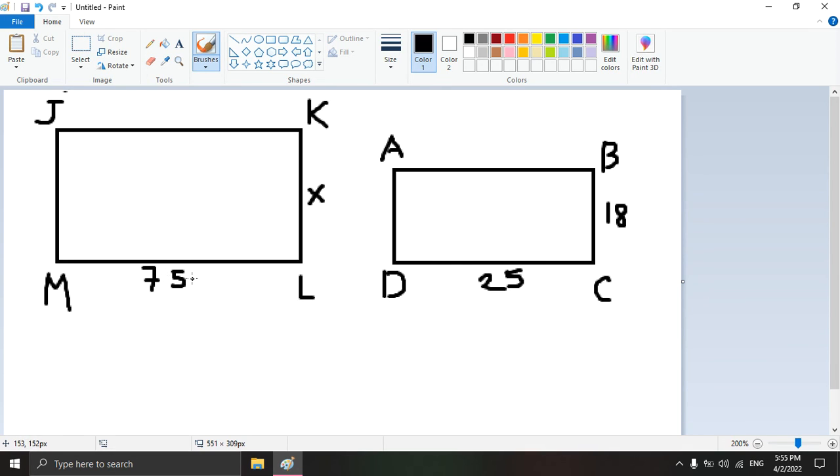As you can see, ML measures 75, DC measures 25, BC is 18, and the unknown is KL, so x, right?